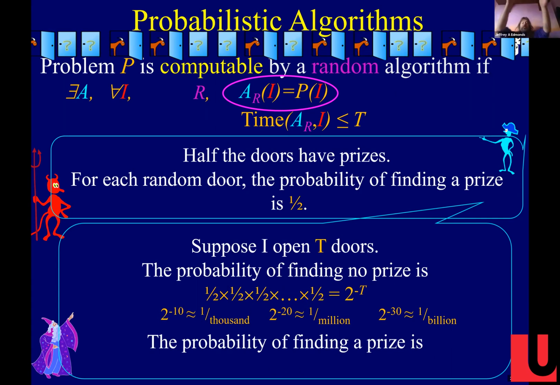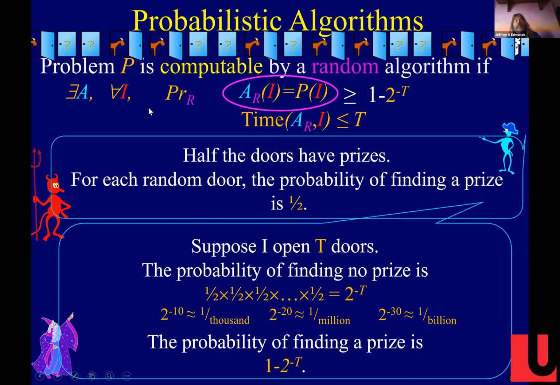Remember the normal distribution: if you open up T doors, half of the T will likely have prizes, and the standard deviation is square root of T. So you're likely to get T over 2 plus or minus some number of square roots of T. So the probability you find at least one prize is 1 minus that, which is really, really good.